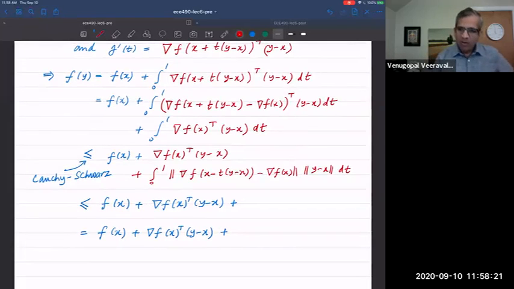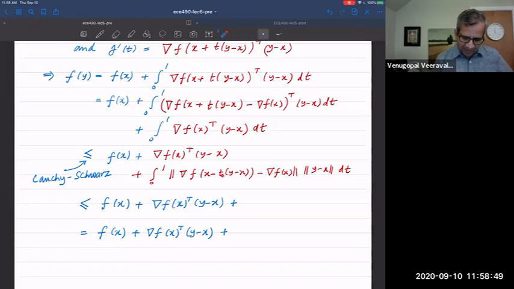Now I'm going to apply my Lipschitz condition. I'm going to look at the difference of gradients here. So I'll have to relate it to the difference between the arguments, which is x plus t times (y minus x) minus x.